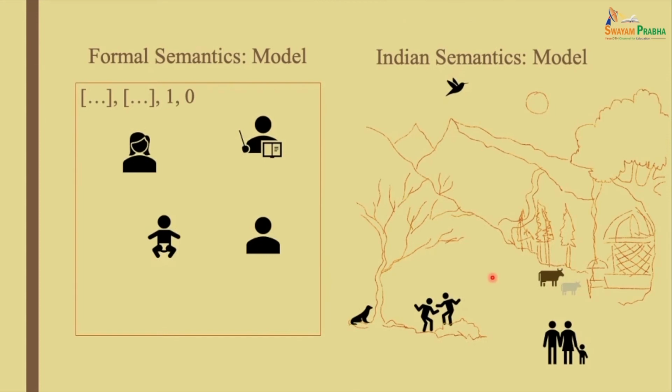Anyways, now a picture, a comparison. The Western formal semantics wants its model to consist mainly of the individuals and truth values, 1 and 0, and at most, if you want, the relations between them. So a very complex network of relations between these individuals, right, which are basically functions. But the Indian semantic model wants everything here.